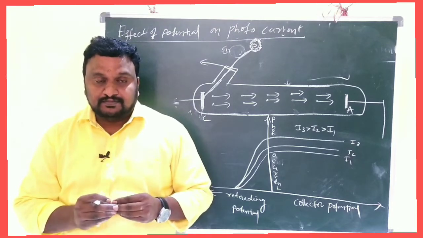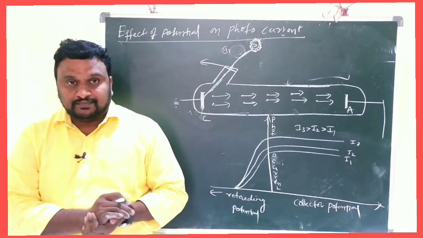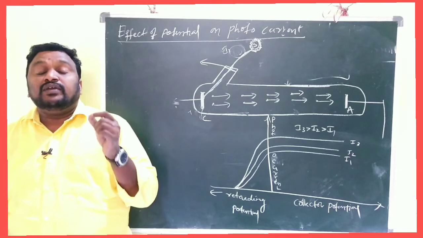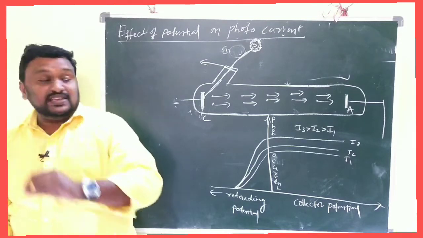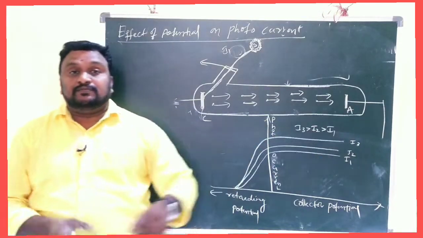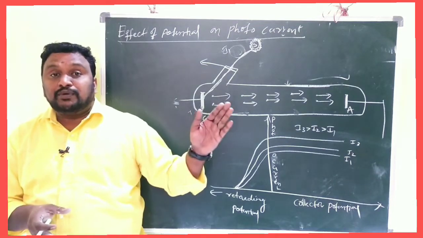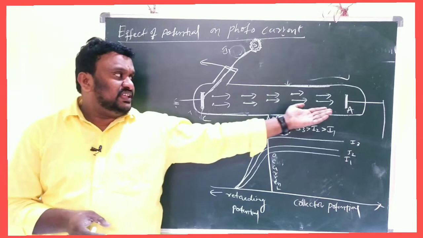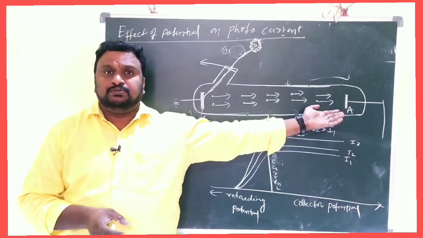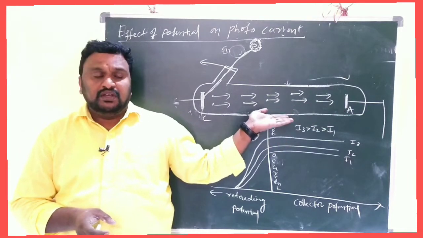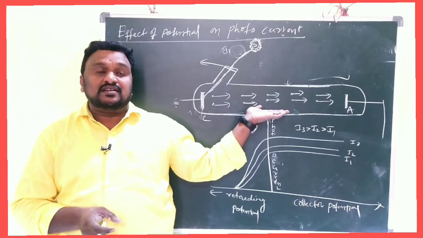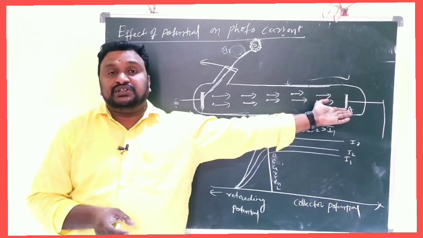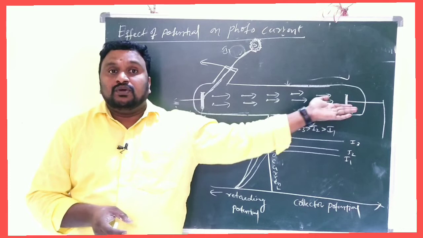After that, you have to do one thing. We have to increase the potential of A. I already told you in the previous video, initially the charge of A is positive, and electrons are negative. These negatively charged electrons are attracted by the positive potential. Clear?